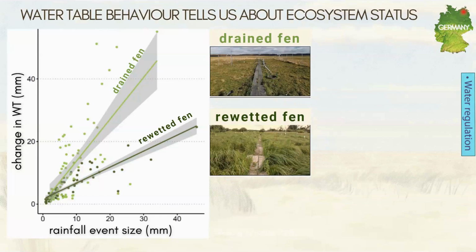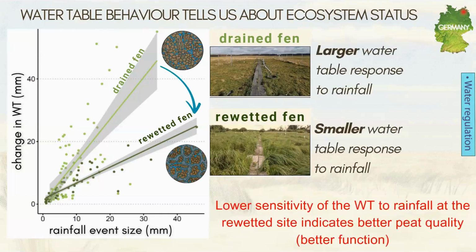So again, there is a larger water table response to rainfall in the drained one and a smaller response in the re-wetted or near-intact one. The near-intact one has higher biomass, but one of the main things we found is that the soil is not that compact. When the soil is not compact, it has high porosity, and therefore more water holding capacity when the water table is below the soil surface, not when it's above.